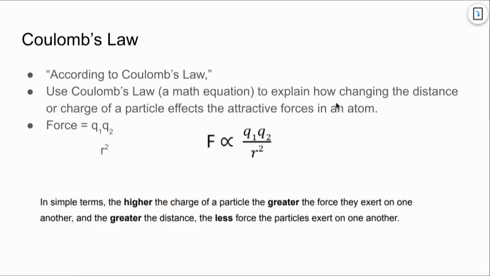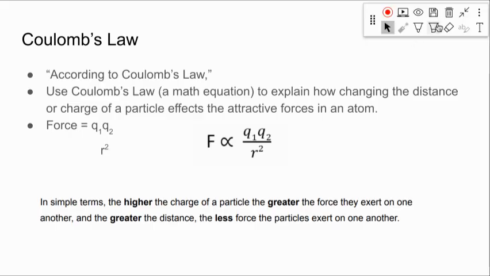In this equation, it's often going to be given to you in the format over on the right in AP Chem, because Coulomb's law is actually a math equation where we have force equal to, but we're missing a part of it. AP says that it's proportional versus equal.